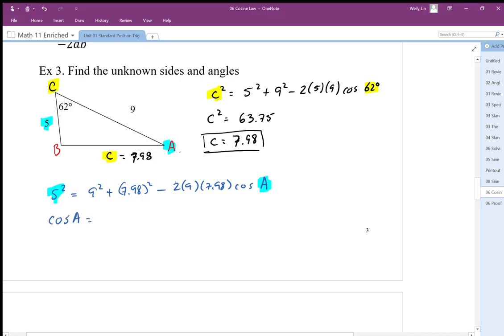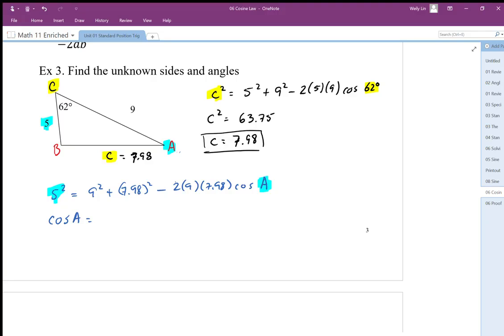Okay, I'm going to do this in one step here because there's a lot of calculating. So I've got 5 squared minus 9 squared minus 7.98 squared.